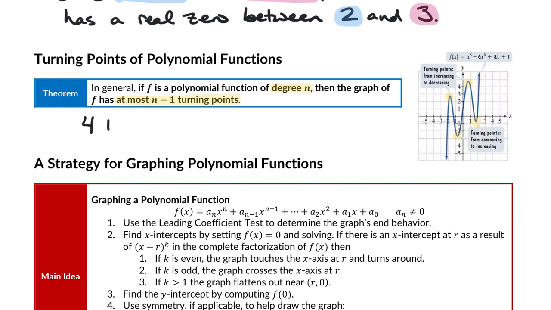So if I have 4 turning points, then there's a strong possibility that this thing is degree 5 or more. It can't be 4, it can't be 3, it can't be 2, it can't be 1. If we have 4 turning points, then we know it's degree 5 or higher. That's a great check at the end of graphing a polynomial function to make sure it has the right number of turning points or has the right degree.